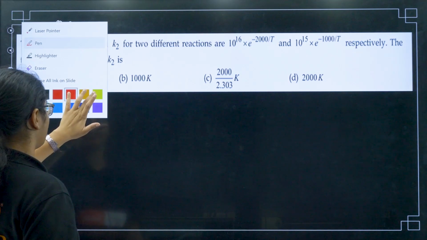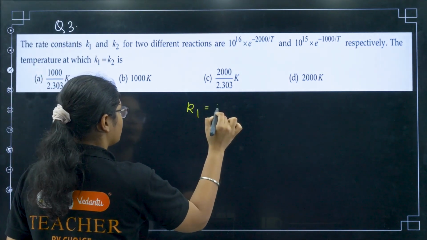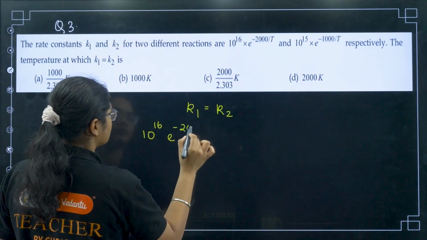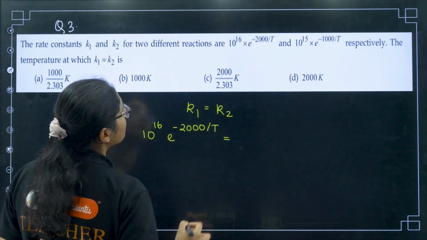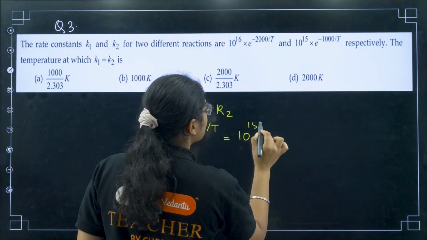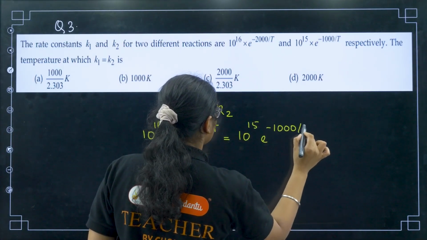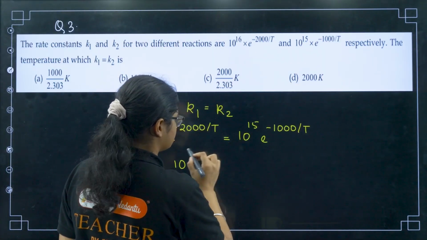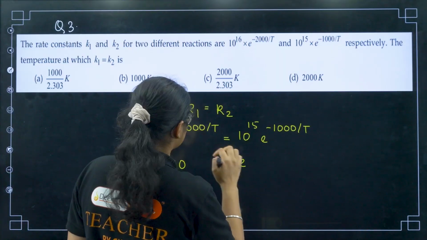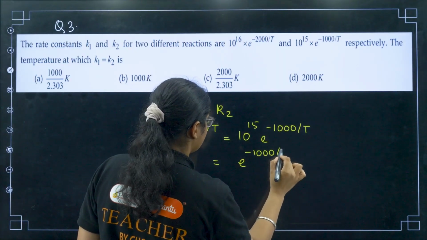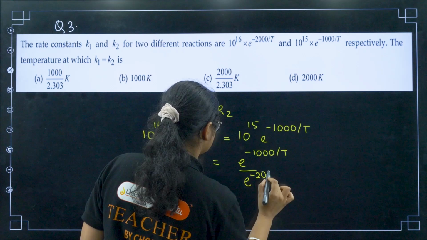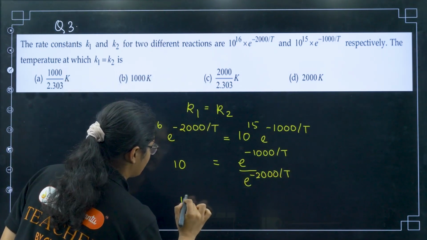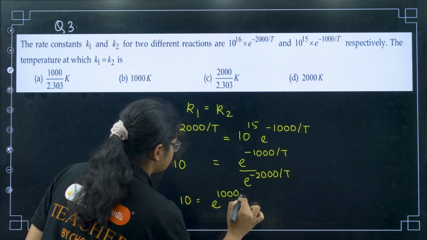So I will substitute the values here: 10 to the power of 16 into e to the power of minus 2000 by T will be equal to 10 to the power of 15 into e to the power of minus 1000 by T. Now I will divide this: I get 10 on one side, and on the other side e to the power of minus 1000 by T divided by e to the power of minus 2000 by T. Now this goes up, so I will get e to the power of 1000 by T. So 10 is equal to e to the power of 1000 by T.